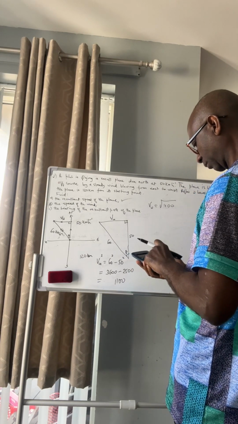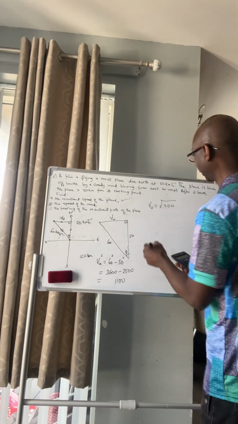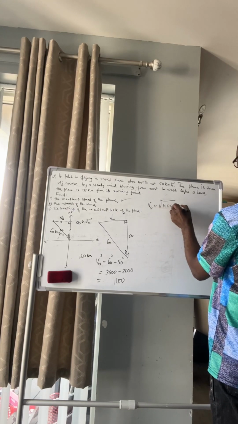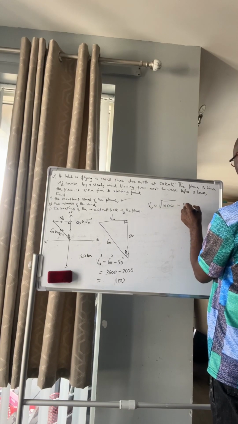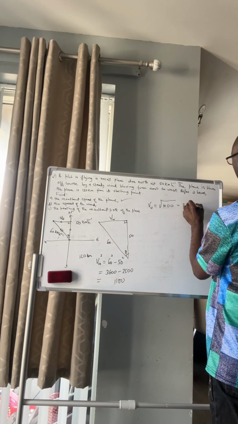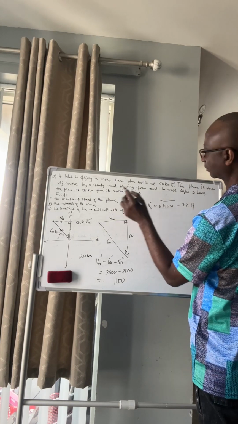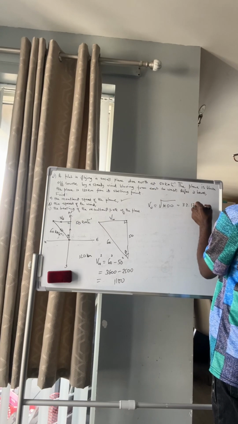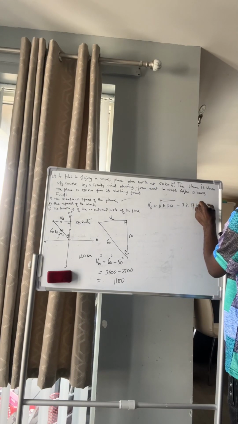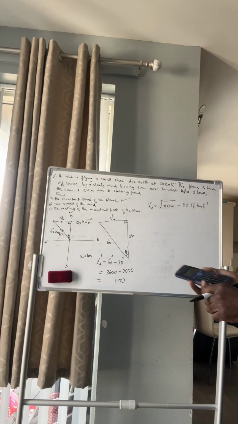Square root of 1100 is 33.166 kilometers per hour. This is what you got: the speed of the wind.